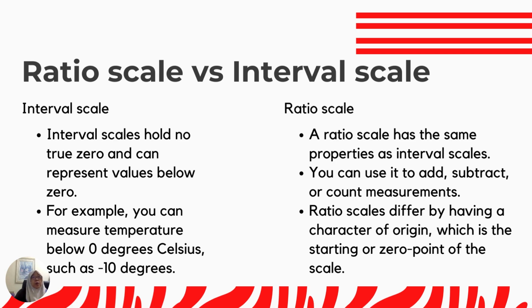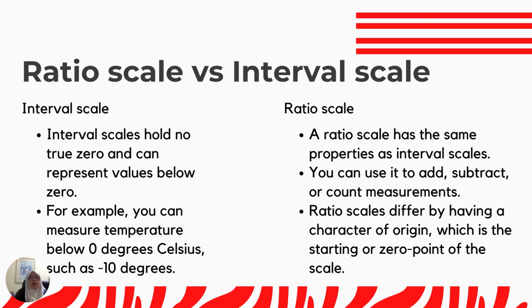Okay, but for interval scale, you can measure temperature below zero. So the thermometer does have 0 degrees Celsius, and then it has -1, -2 degrees Celsius. So a thermometer is an example of an interval scale.